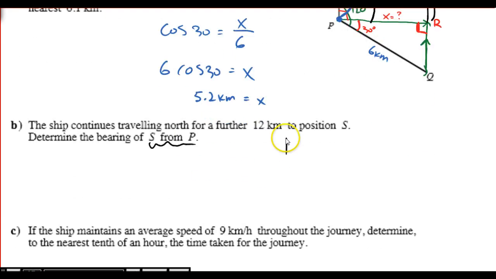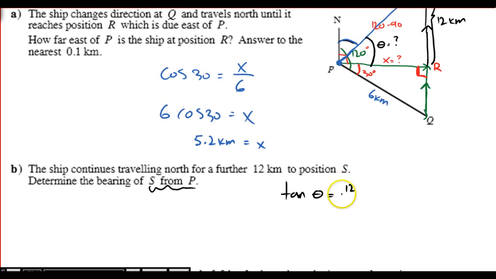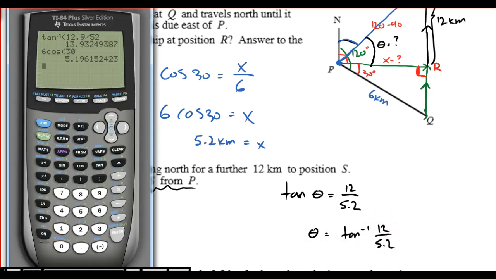So tan theta equals opposite, which is 12, over adjacent, which is the original PR distance, 5.2. So inverse tan of 12 over 5.2.